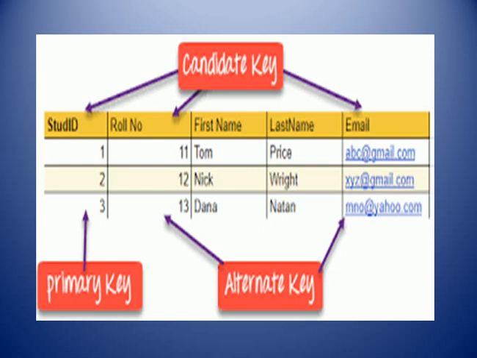But in a table, we can have only one primary key, so we can finalize student ID as primary key, while the others will be considered alternate keys according to this example.